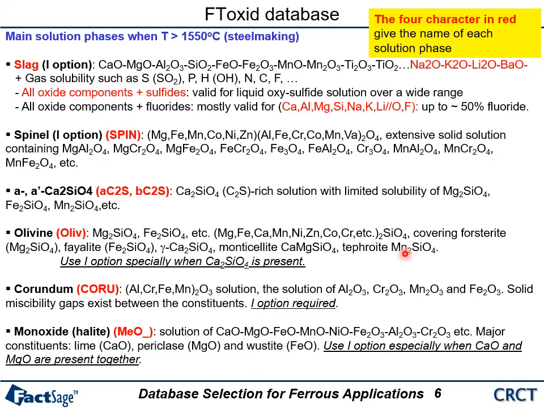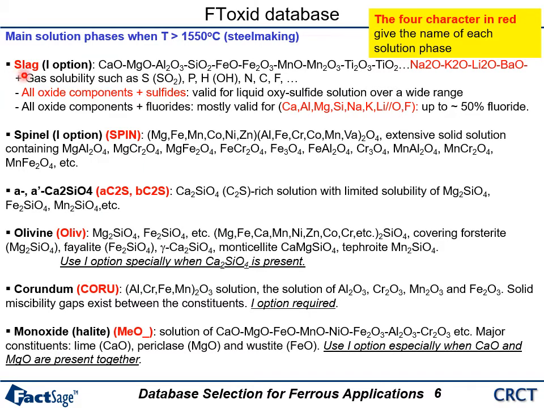Now I'll show you the details about the FTOxide database. As I mentioned, FTOxide contains a fully consistent oxide solution database and compound database. Especially for steelmaking conditions, which are above 1550 degrees Celsius, this kind of solution is frequently used in thermodynamic calculation.